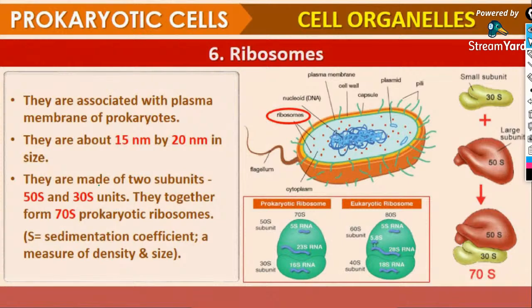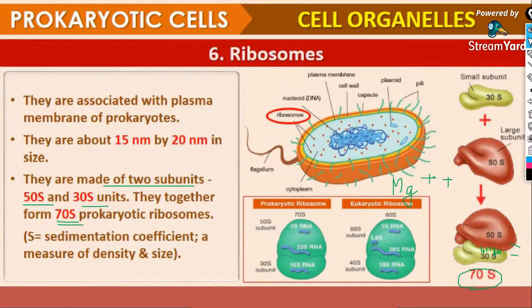Yes. So they are made up of two subunits, 50S and 30S, which together form 70S. This refers to the sedimentation coefficient, a measure of their density and size. So if you look here, the 50S unit and 30S unit together form a 70S unit, and both are held together with the help of Mg++ ions.